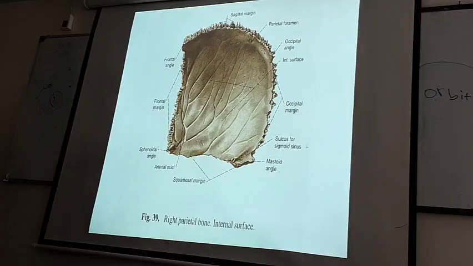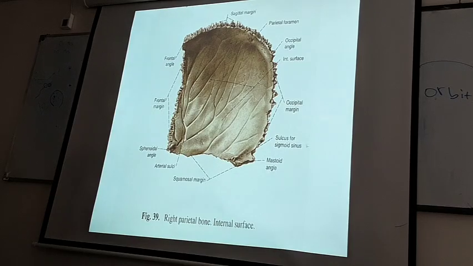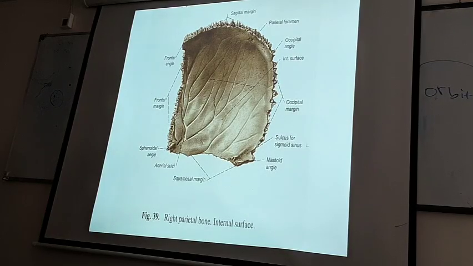If we go to the street and show this bone to a person walking in the street, asking what's the name of it, they would say parietal. But a medical student must know this bone very carefully.